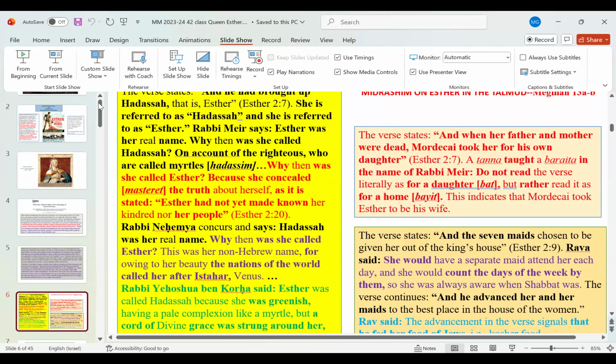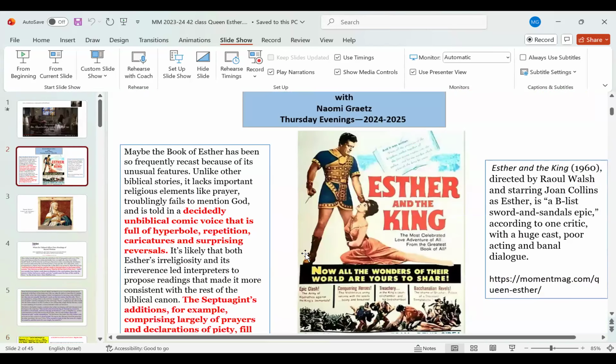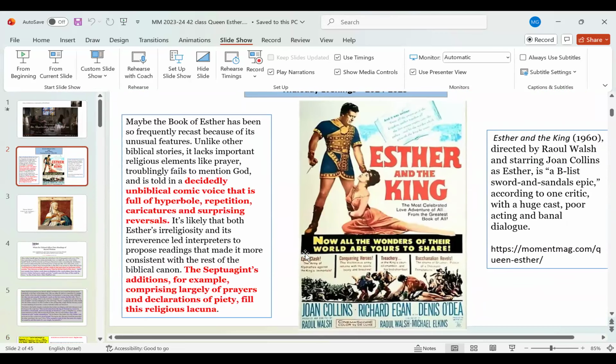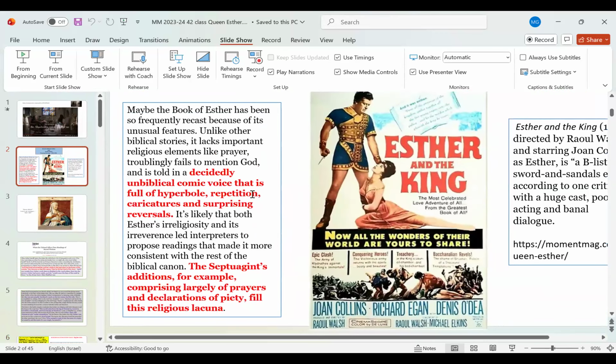The only reason I want this is because I can enlarge things here. So apparently, the book of Esther has been frequently recast because of its unusual features. It doesn't have religious elements. There's no prayer in there.